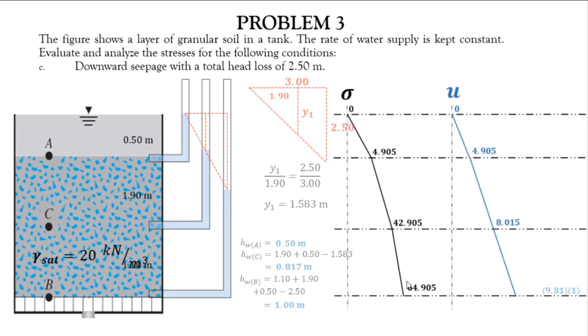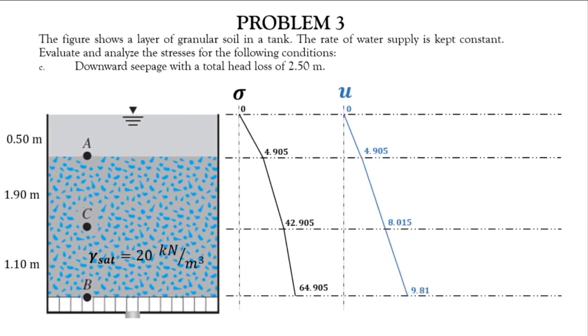So ayan, ayusin na natin dahil nakuha na natin yung total stress and pore water pressure. Kunin mo na agad yung difference ng dalawa para sa ating effective stress. Ayan, difference lang yan. Kunin mo lang yung difference ng mga points na yan. Check nyo kung parehas tayo ng nakuha. Ngayon, kung i-compare ko yan sa no-flow, kanina, ito yung nakuha nating no-flow value. We have 19.36 and 30.57.